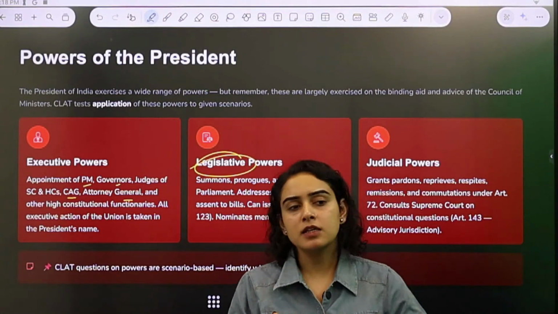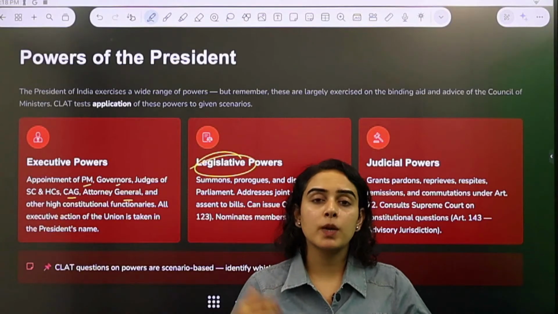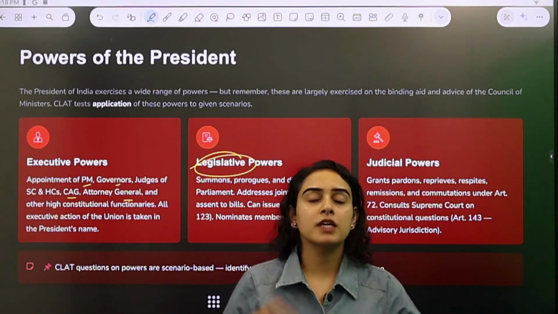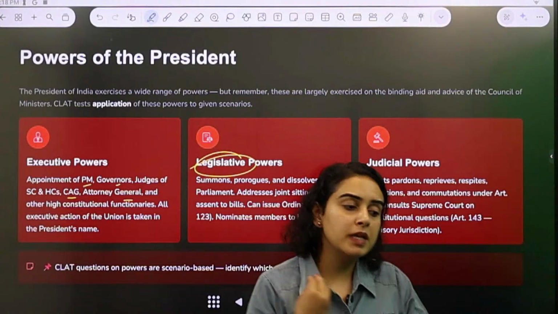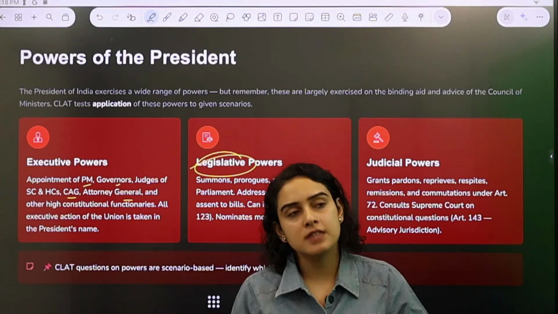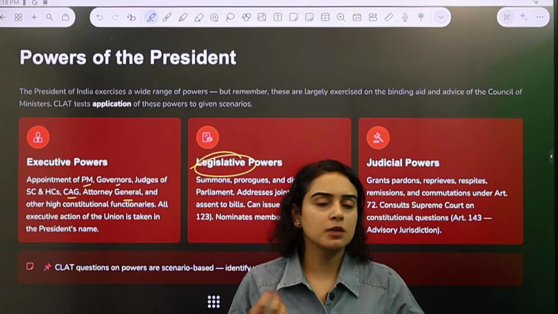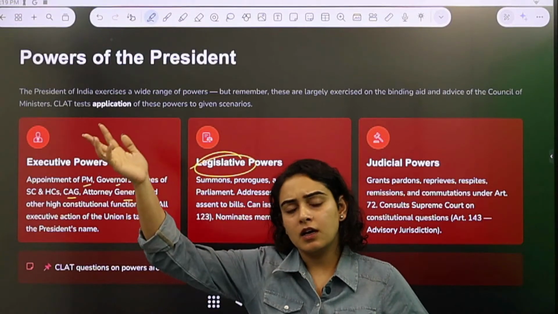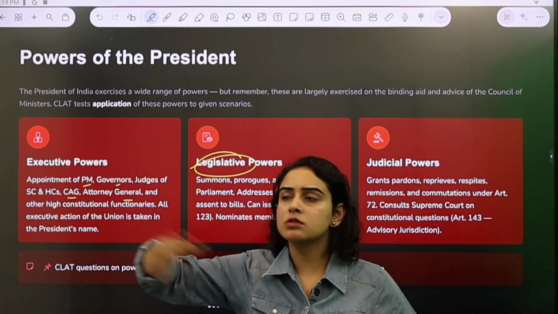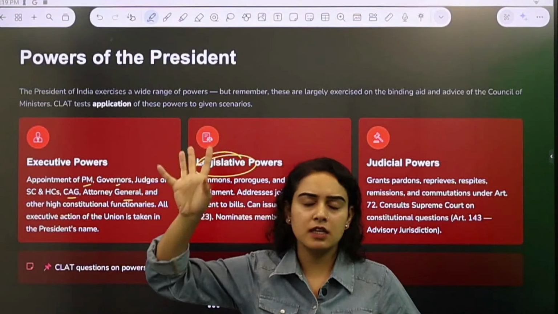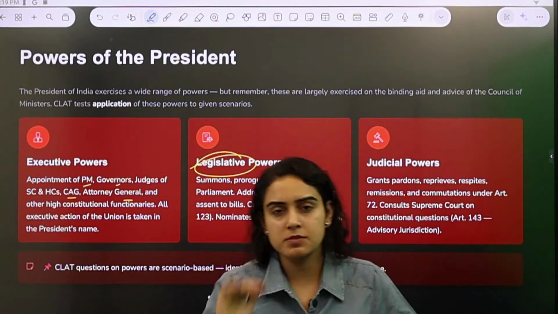Parliament makes laws when it is in session, right? When it is in session, bills are proposed, discussions and debates are done, then voting happens, and you send the bill to another house, and then you send it to the president, and when the president gives assent, it becomes a law.